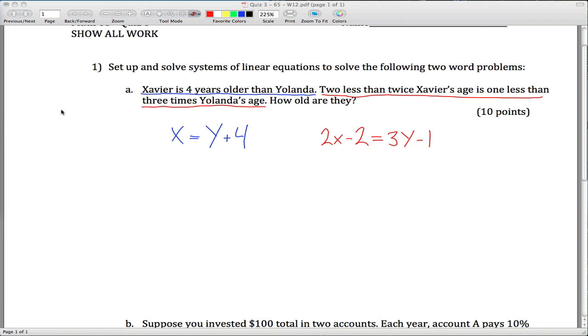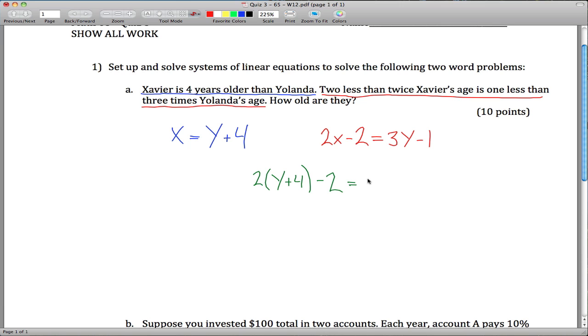All right, if you are good with these equations, it's not too bad to solve. I think the way I would solve it is I'd use substitution. X is already solved for, so I can plug that into this equation and get 2 times y plus 4 minus 2 equals 3y minus 1.